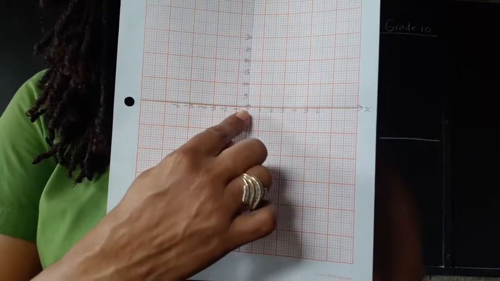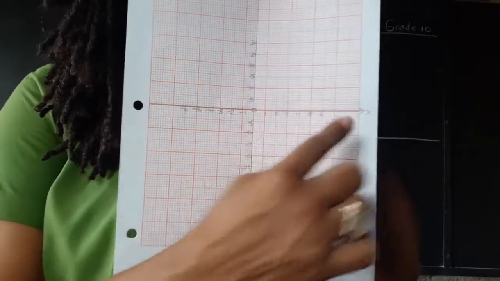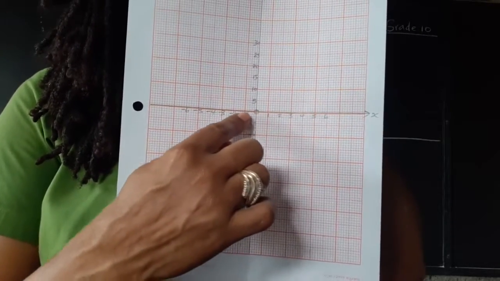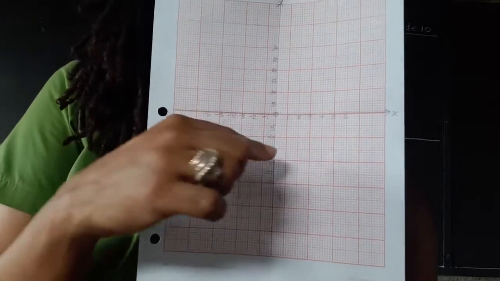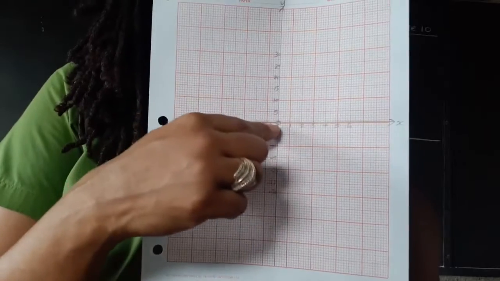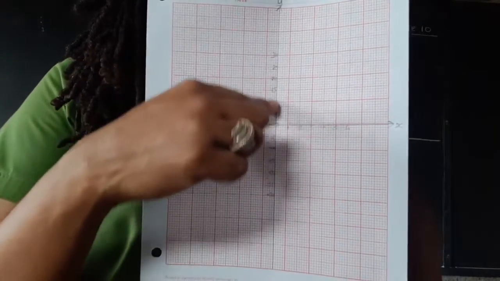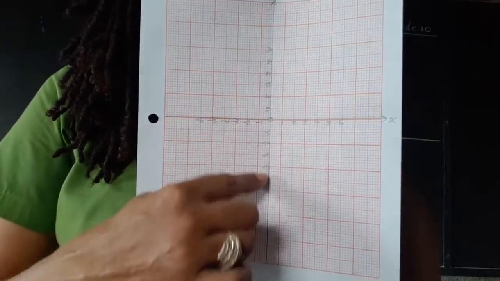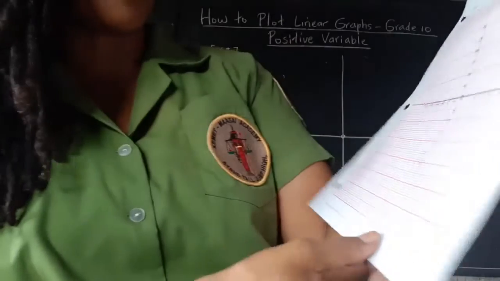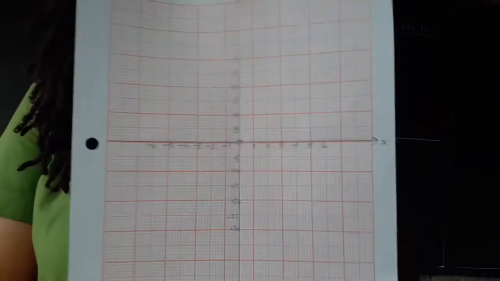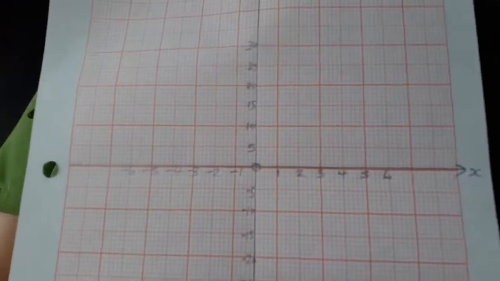So from 0, 1, 2, 3, 4, 5, 6. From 0 this way, -1, -2, -3, and so on. On my y-axis, positive y values above, negative y values below 0.